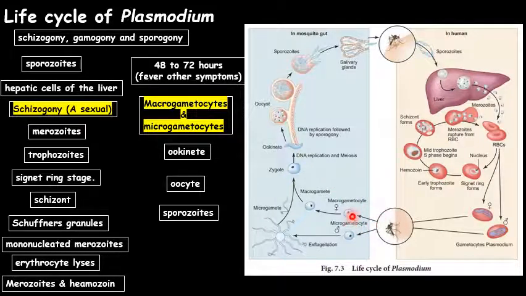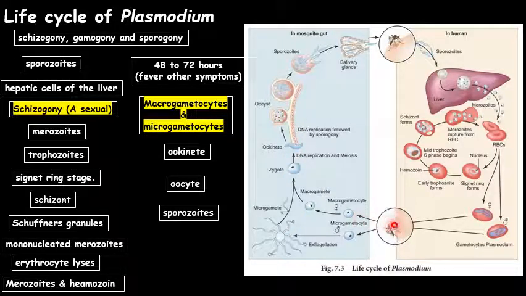Inside the stomach the digestion process takes place. So here sexual reproduction takes place with the help of macrogametocytes and microgametocytes. You can see here microgametocytes will change and develop into sperm cells. Macrogametocytes are the female gametes. They too undergo fertilization and produce a zygote, and then it develops into an oocyst during the meiosis process.